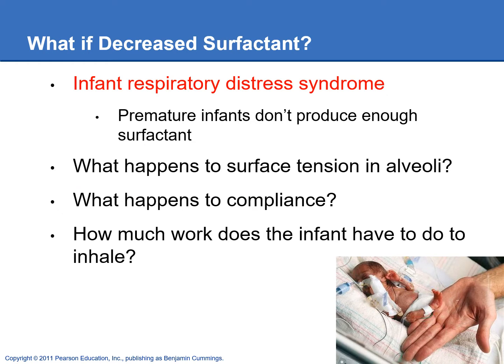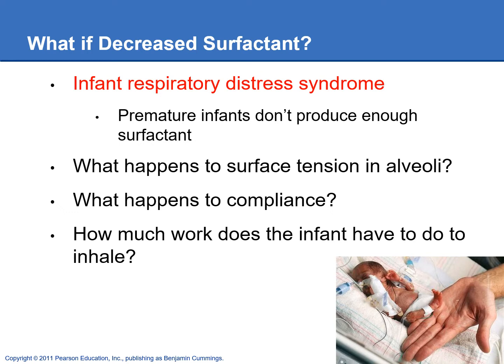What happens if there's not enough surfactant? We see this in infant respiratory distress syndrome, which occurs in premature infants that are born before 7 months of gestation. They're not able to produce enough surfactant yet. So what happens to the surface tension in the alveoli?